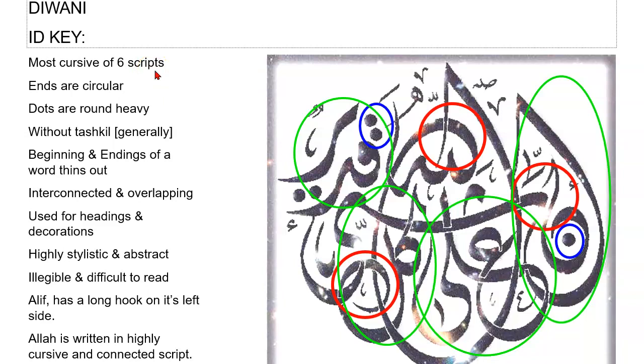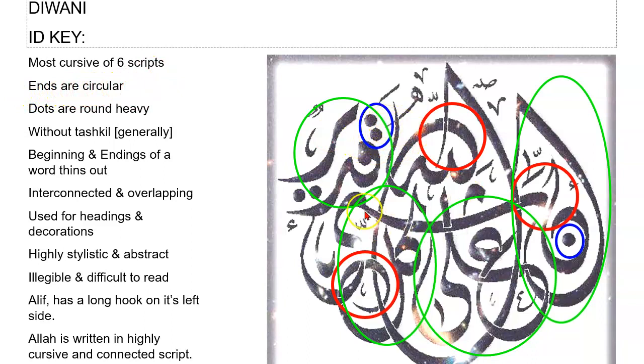Not Divana. Divana in Farsi or Urdu is somebody who's crazy. Divani is somebody who's a parliamentarian, I guess you could say, or somebody who has high esteem or upper class, I would say. So most cursive script of 6 scripts, ends are circular.